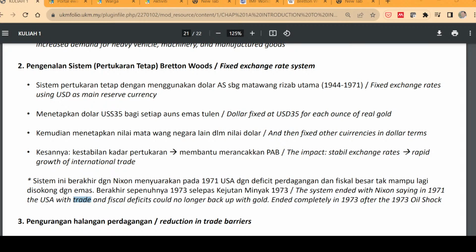If these countries wanted to get the money, the US must back that up with real gold to pay.